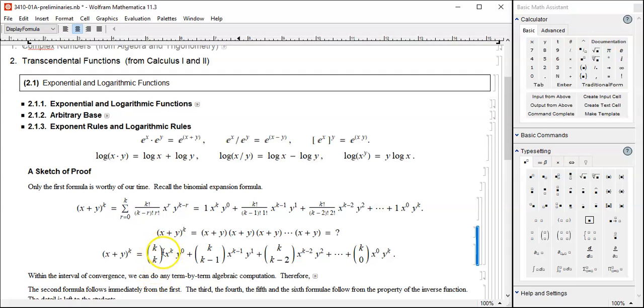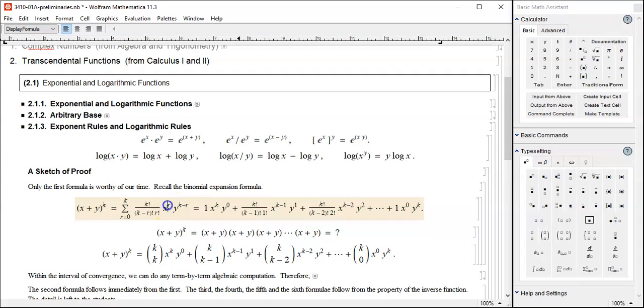And here I decided to go in descending order. I started from x to the k power first. Something is not right. No, nothing's wrong. Excuse me.